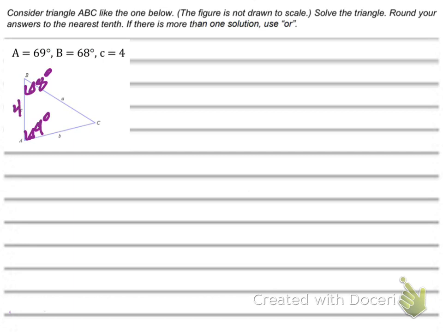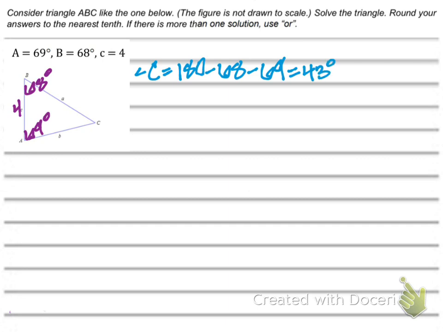So the first thing I'm going to do is find angle C. And I'm going to say that angle C, or you can just use the big C, it doesn't matter, is going to be 180 minus 68 minus 69, which is 43 degrees.